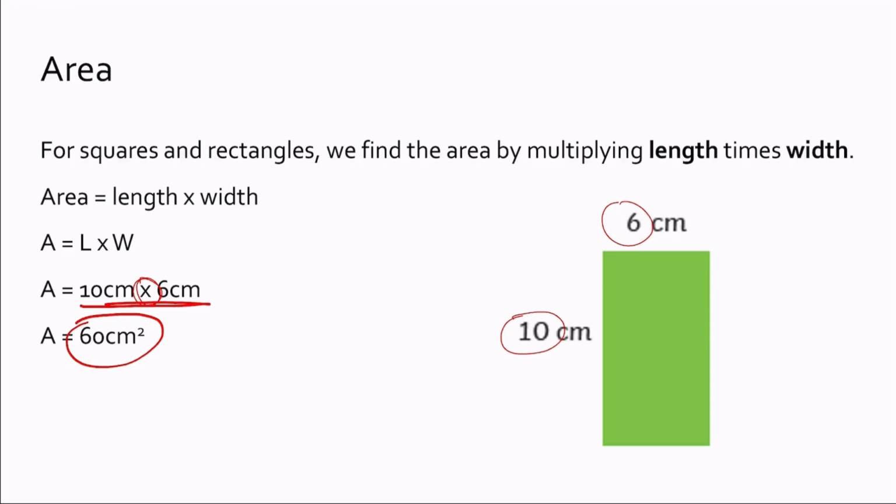If you imagine that this is divided into 6 equal parts, we're going to pretend like those are straight lines, right? So I have 1, 2, 3, 4, 5, 6 centimeters. And then this is divided into 10 equal parts.